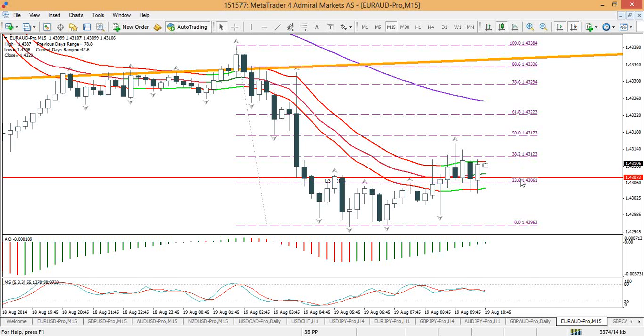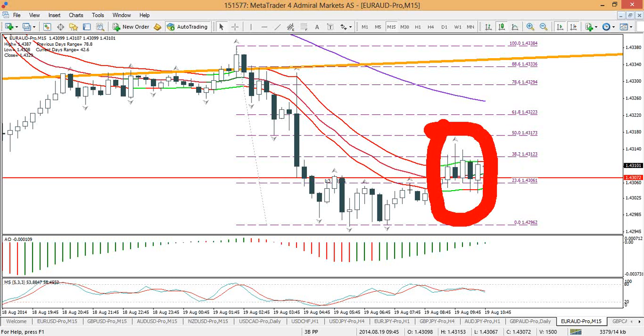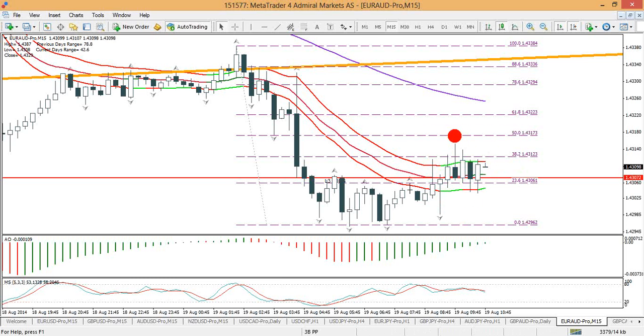The Kiwi not getting back towards the 618 I was hoping for. The euro odd still traveling sideways, and there's still a decent chance we can hit the 50 or 618 fib. But there's always nothing wrong with waiting for some candle like this one here at the 618 to get a bit more confirmation.